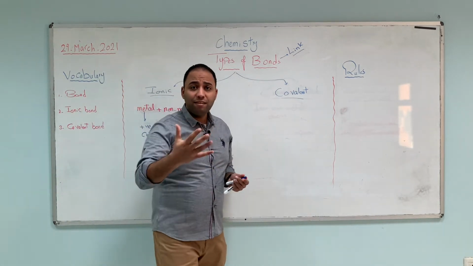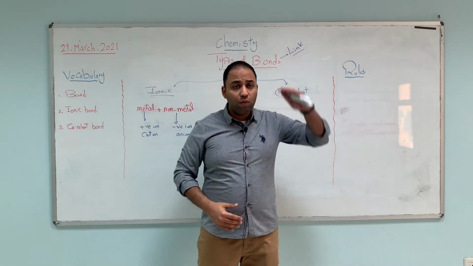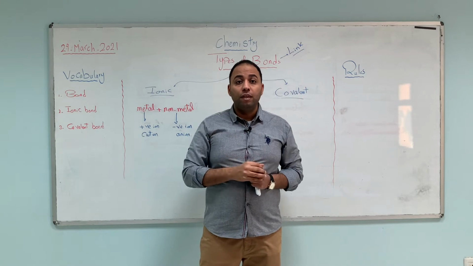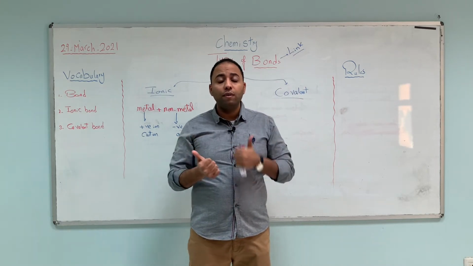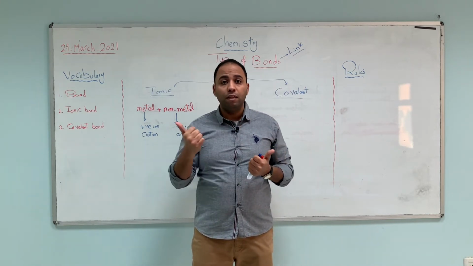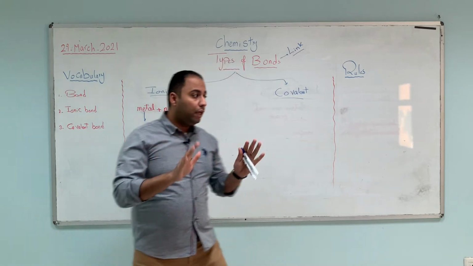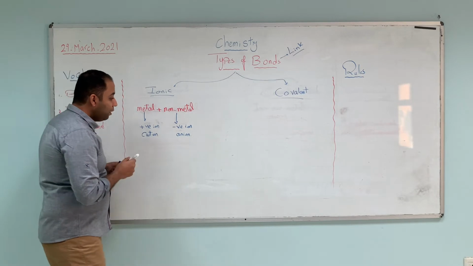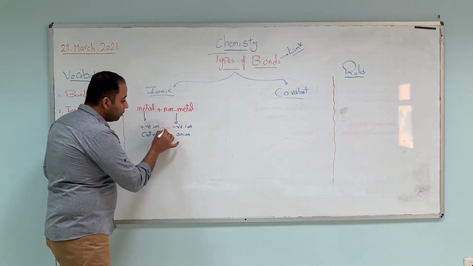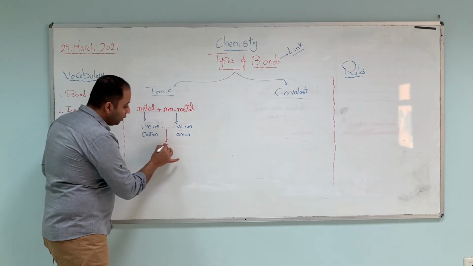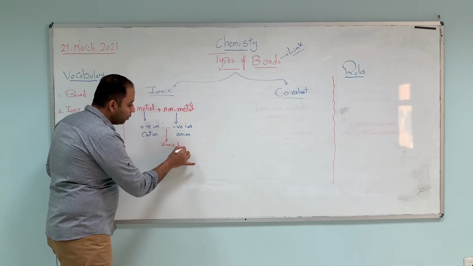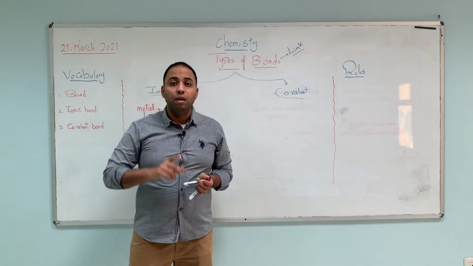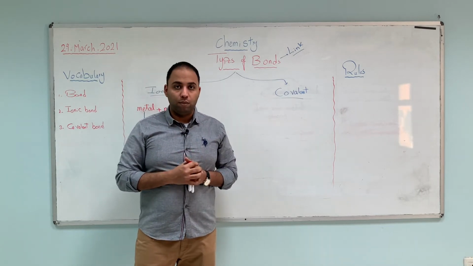When it gains electrons, the number of electrons is more than the number of protons, so the net charge is negative. That is the difference between cation and anion. Now we have positive and negative ions. The attraction between them is called the ionic bond. So the ionic bond is the electrostatic attraction between positive and negative ions.